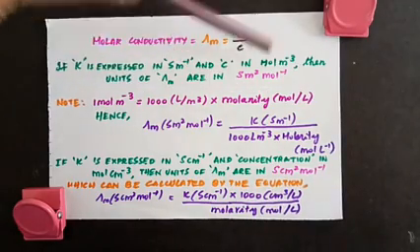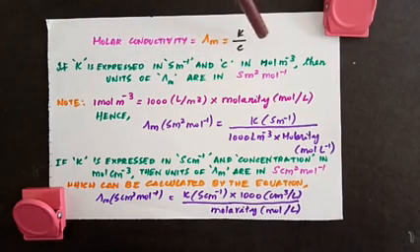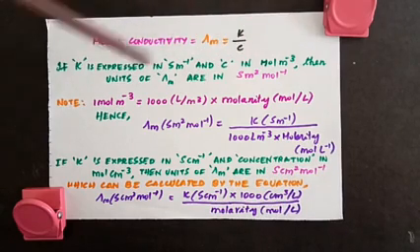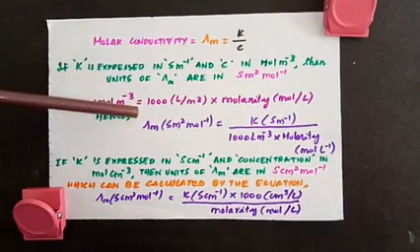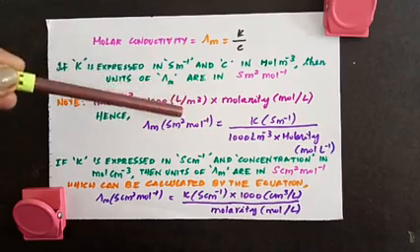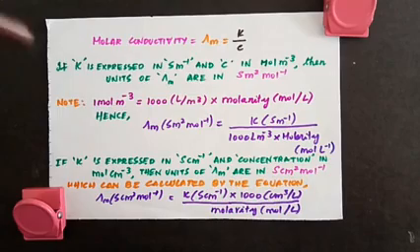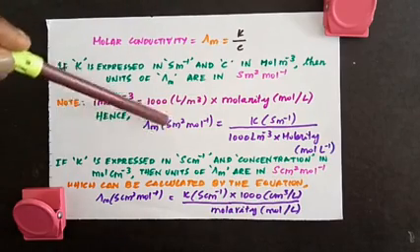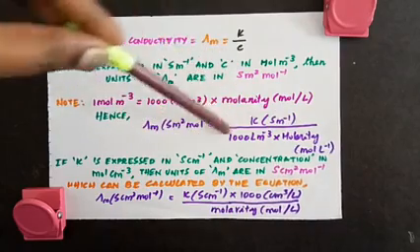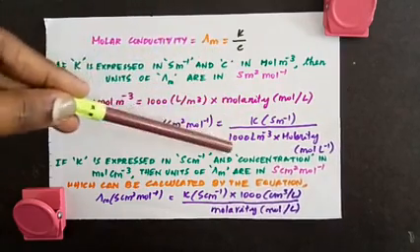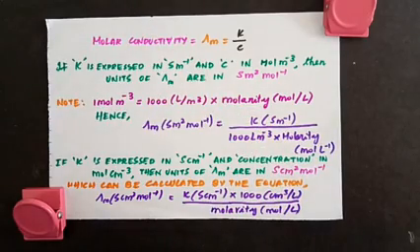When the kappa value is expressed in Siemens meter inverse and concentration is expressed in mole meter to the power minus 3. You should know this relationship: 1 mole meter to the power minus 3 is equal to 1000 liter per meter cube into molarity, which is expressed in mole per liter. Therefore, for del m to be expressed in Siemens meter square mole inverse, it is kappa divided by, using this relationship, 1000 liter meter to the power minus 3 into molarity in mole per liter.